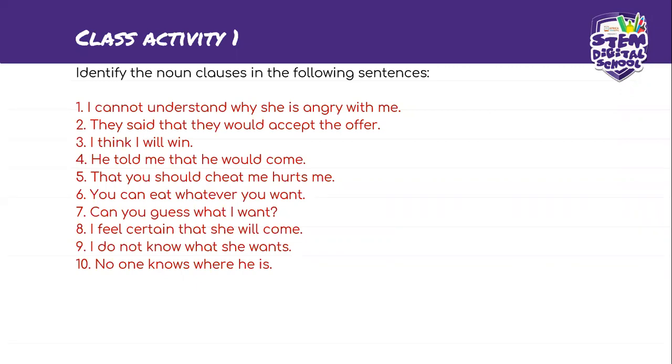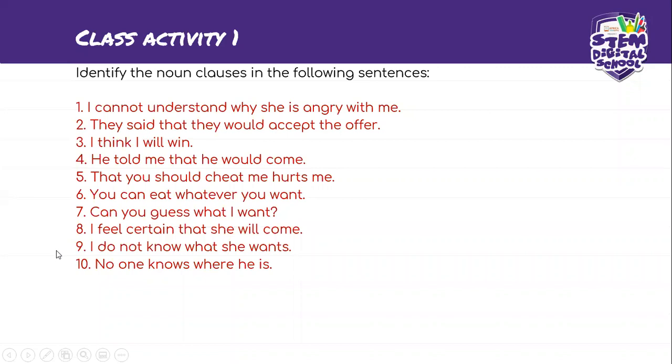Let us see. In the chat, we have Teza and Natalie saying, why she's angry with me is our noun clause. Yes, that is correct. Why she's angry with me is our noun clause.